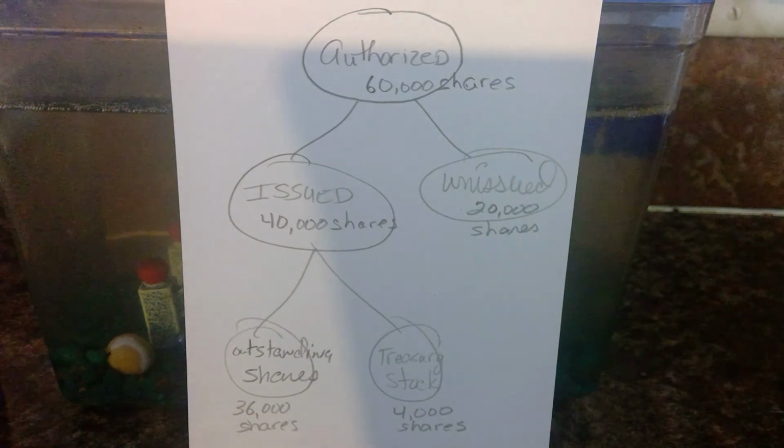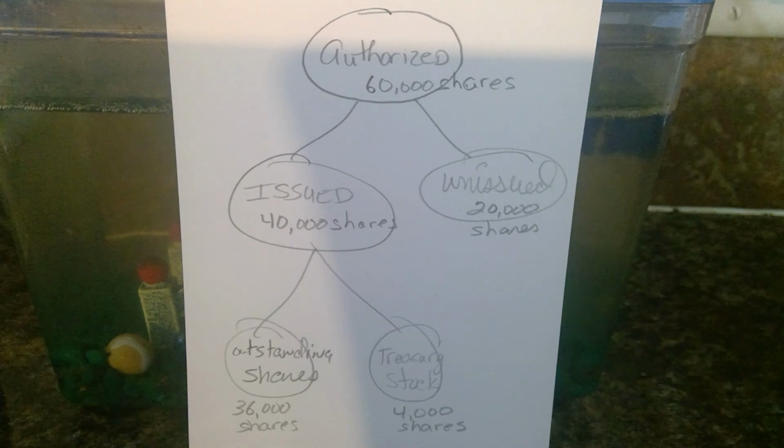Now, the very last part is, if you look at your tree diagram, you'll see that under the issued shares, it breaks up into two more categories. Those two categories being the shares that are outstanding and the shares that we consider treasury stock.